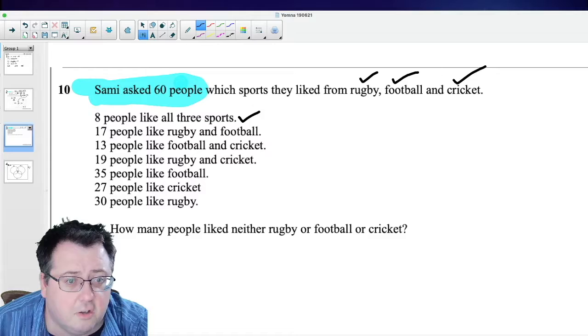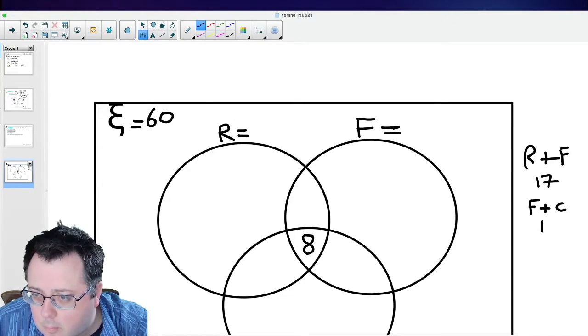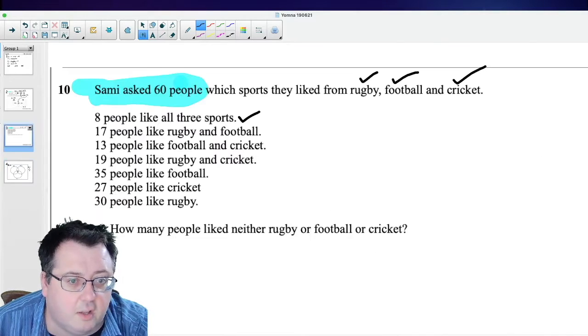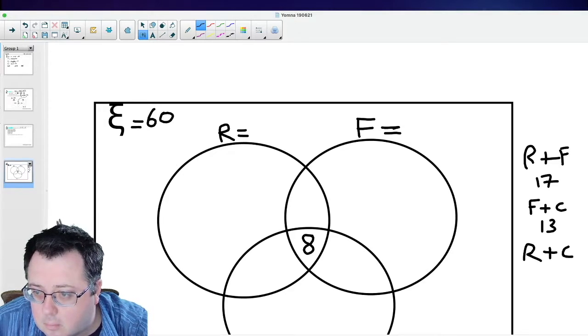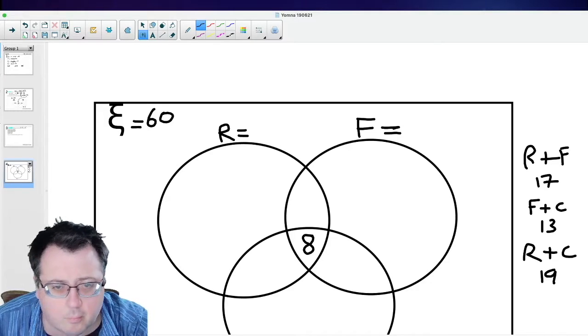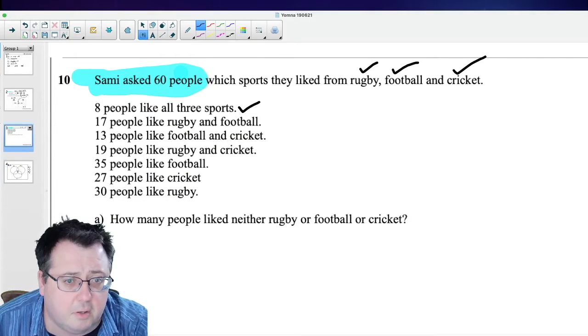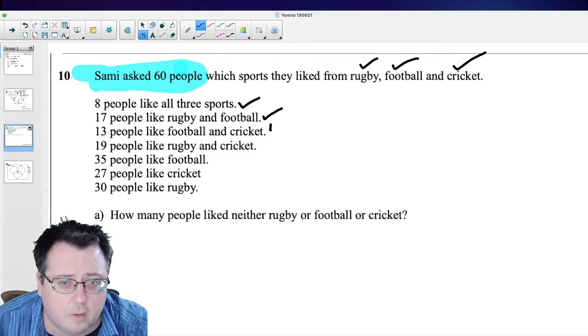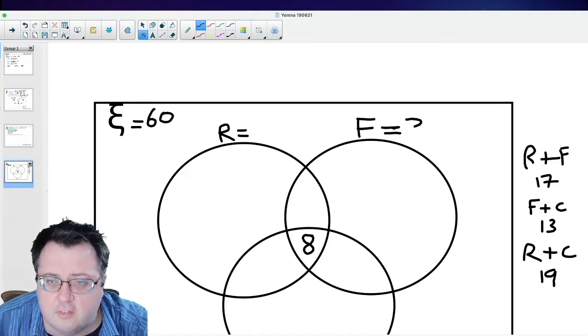Next thing, football and cricket is 13. And then lastly, rugby and cricket, that's 19. Okay. So those are now ticked off. 35 people like football. 35 can go in here.